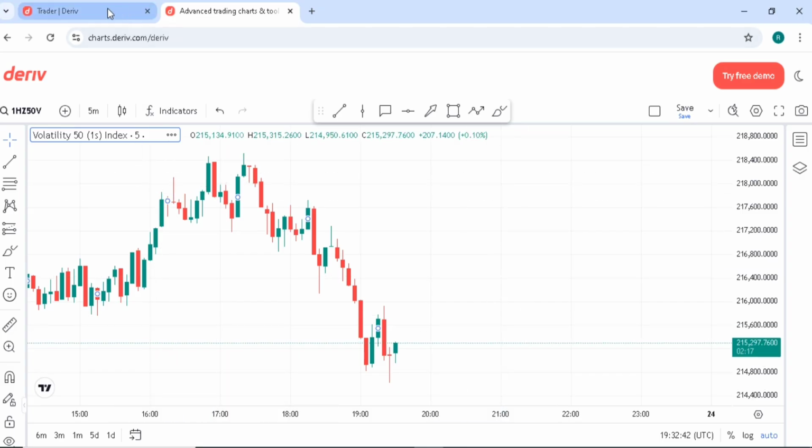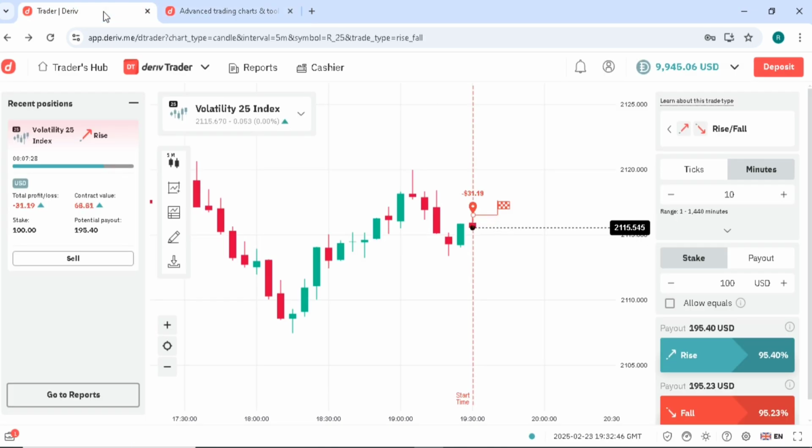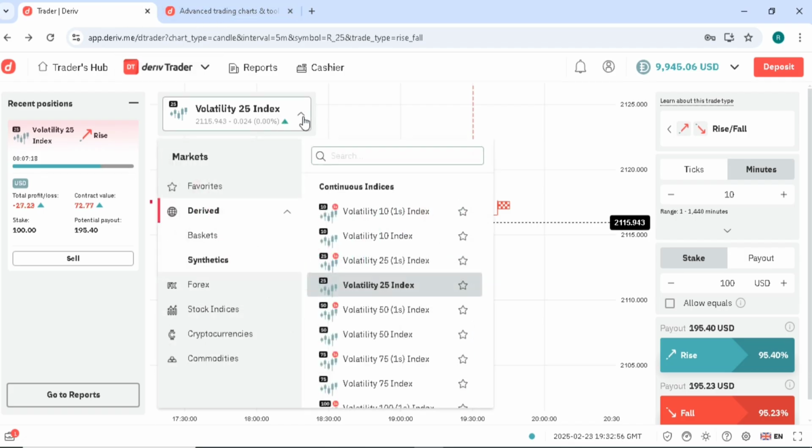That is 51s. So let's not forget this is 25, and then now we want to time this. 51s.